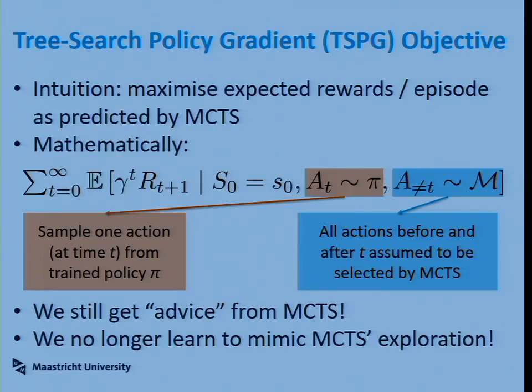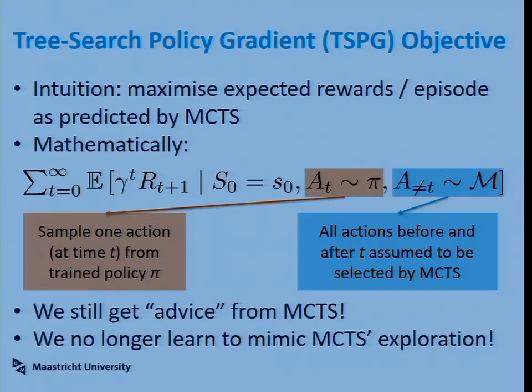And the nice thing about this is that it turns out that we still get this advice from MCTS, which I think helps to stabilize your self-play training process. But we're no longer mimicking MCTS, so we may no longer get this exploratory behavior.